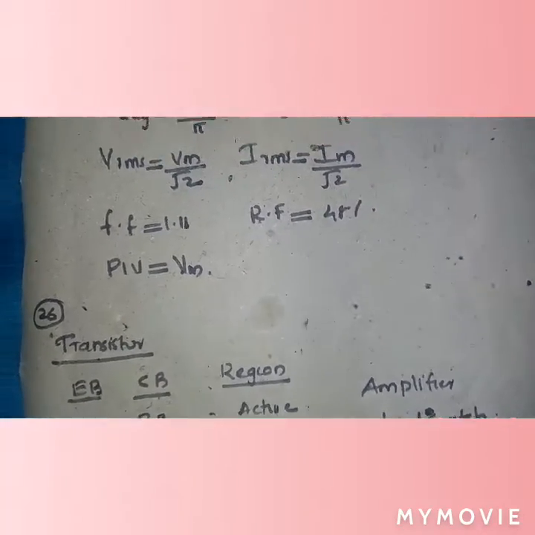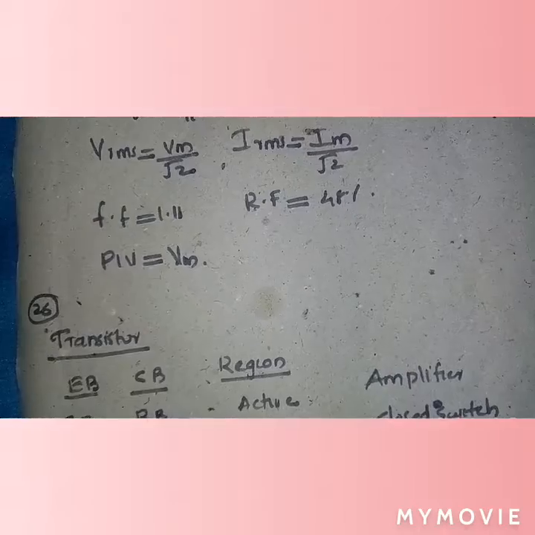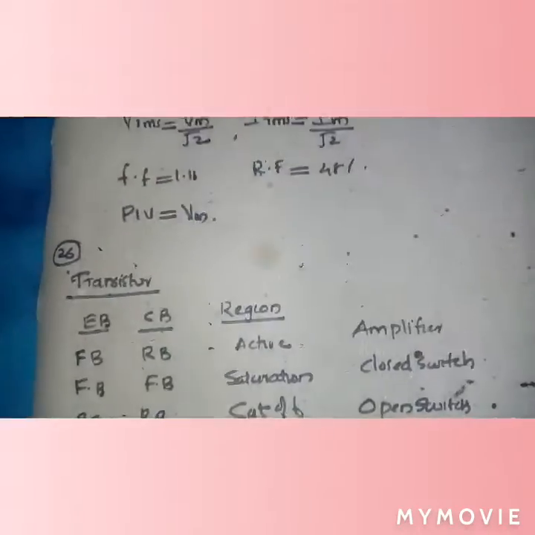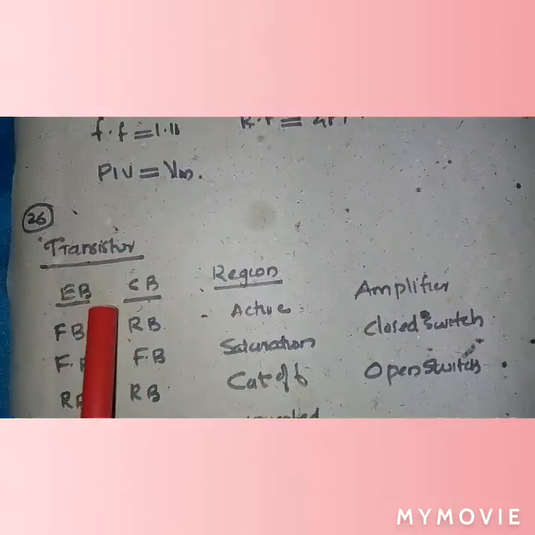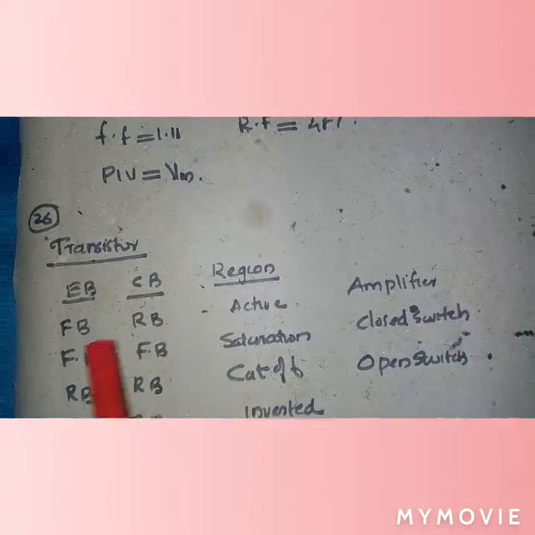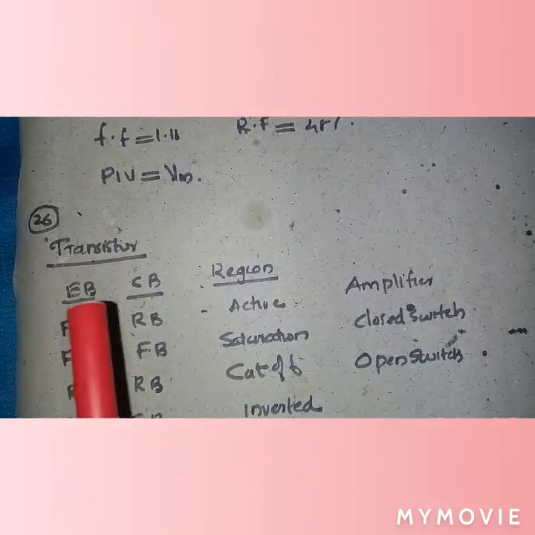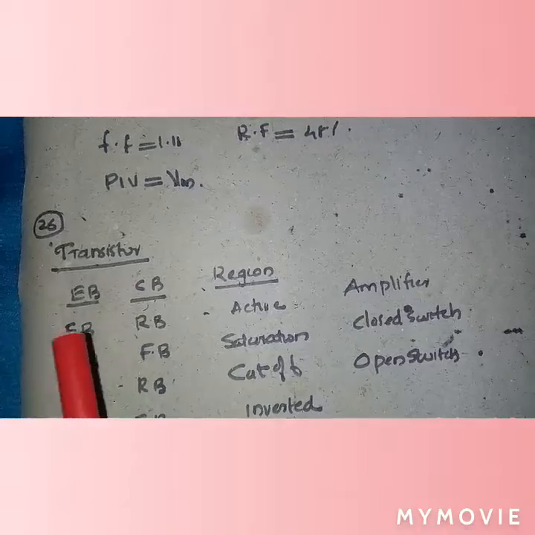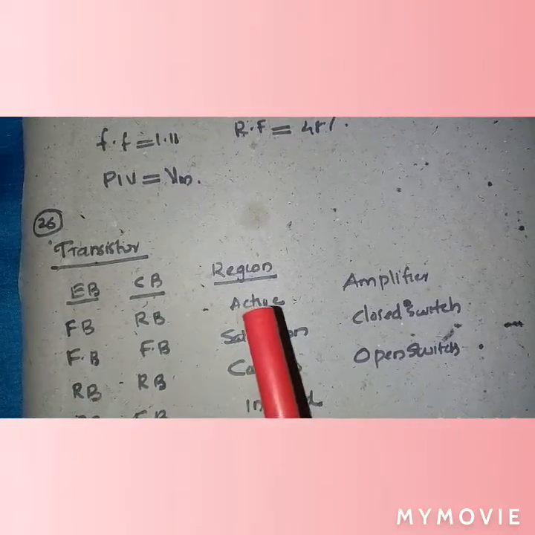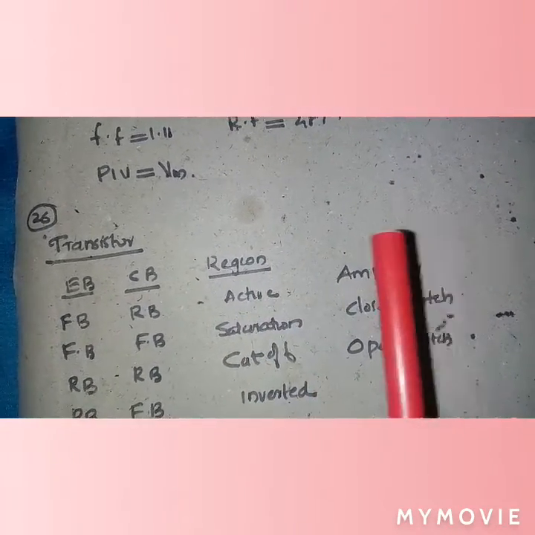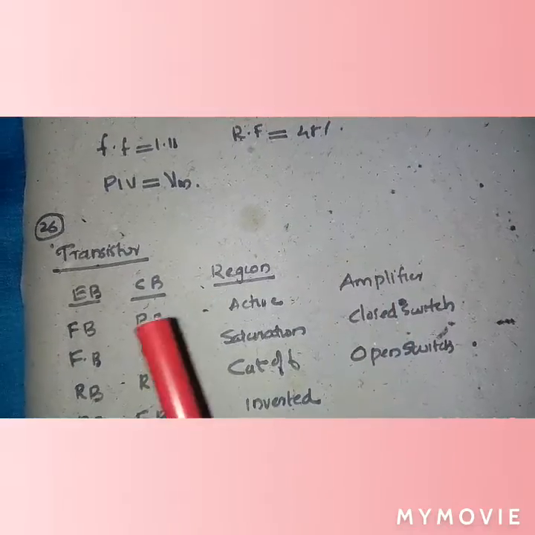For a transistor we have biasing, where the junctions are the emitter base junction and the collector base junction. When the emitter base junction is forward biased and the collector base junction is reverse biased, the region is active, which is used in the amplifier.